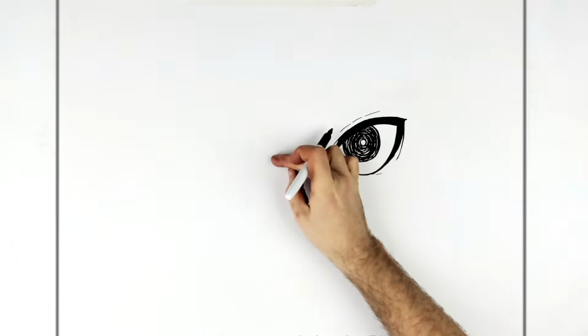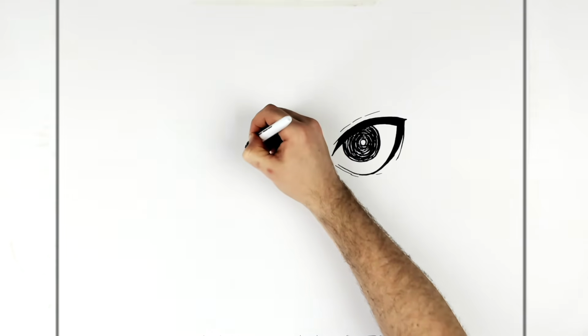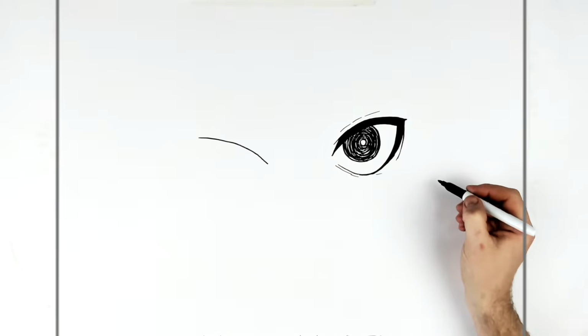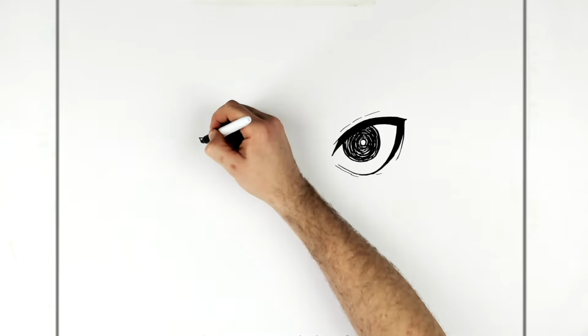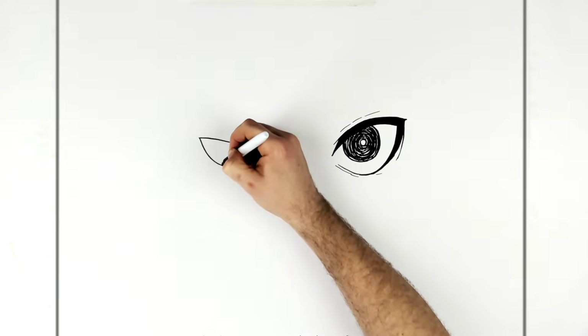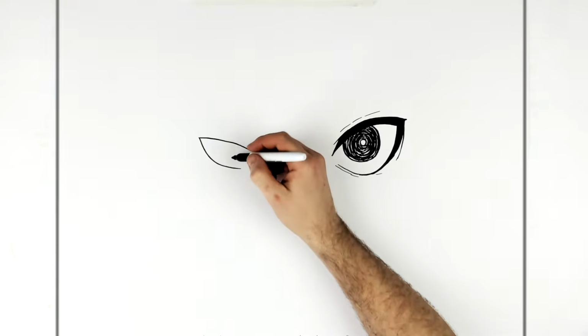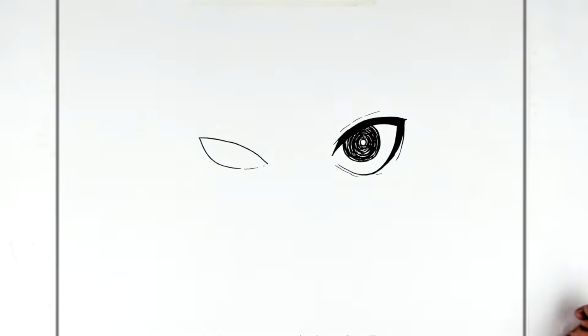So just across from here, we're going to start with his other eye, and it's closed. It's not as wide open as this one, so it's kind of lower down, skinnier. And then I'll come across the bottom here. Much skinnier eye now. Right, like so.